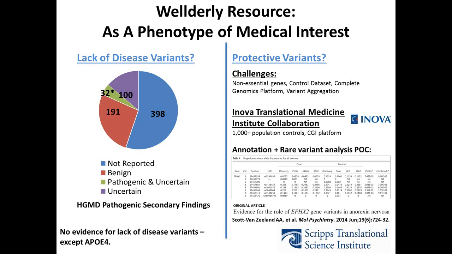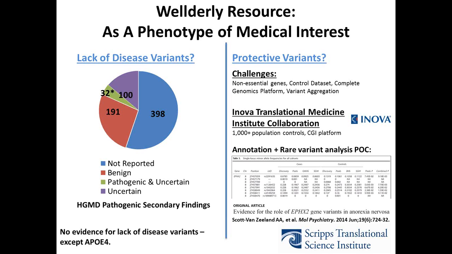So this whole circle is broken down by the classification of these variants in ClinVar, which is supposedly a cleaner, expert-driven classification of variants by pathogenicity. So most of the variants aren't classified at all in ClinVar. And a small slice, these 32 variants out of the total few hundred variants, are classified as pathogenic in both HGMD and ClinVar.